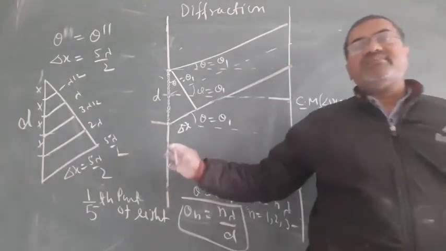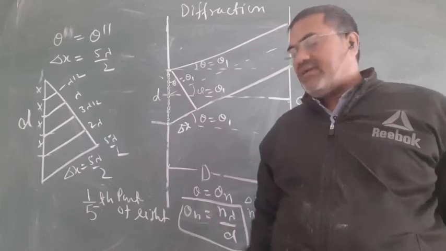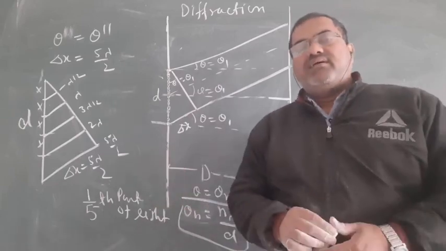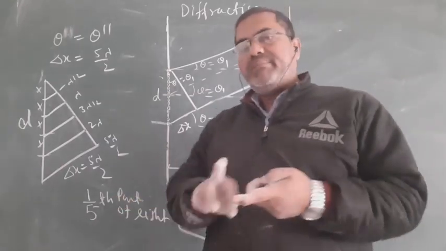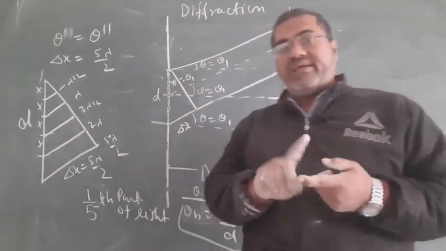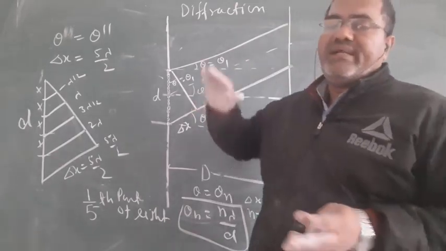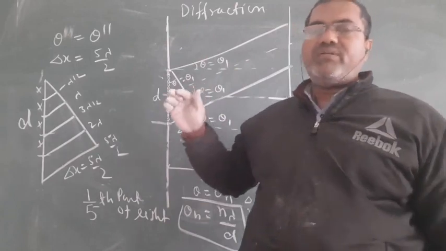So in this case also maxima will be obtained, but the intensity decreases. The first maxima is obtained by 1/3 of the light, the second maxima by 1/5 of the light, and the central maxima is obtained by the full light. So the intensity of the secondary maxima will go on decreasing as we move away from the central maxima.